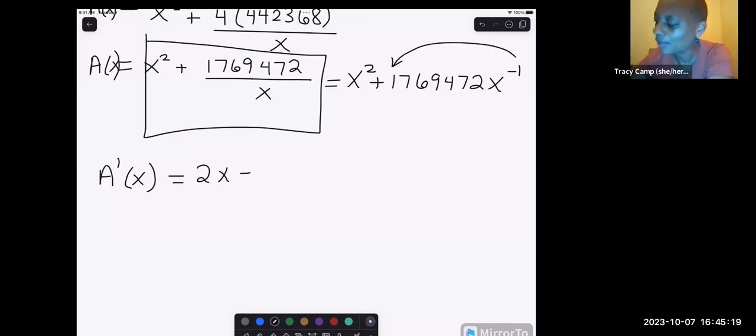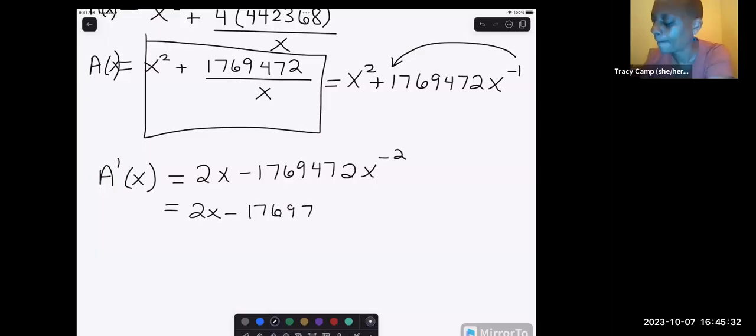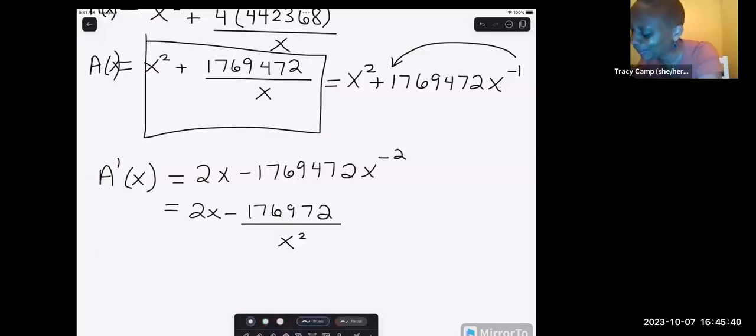So minus 1,769,472 x raised to the power of -2, which I can rewrite this way. Although I recognize I left out some numbers. This is so gigantic. That's why I left out numbers. 1,769,472 there.